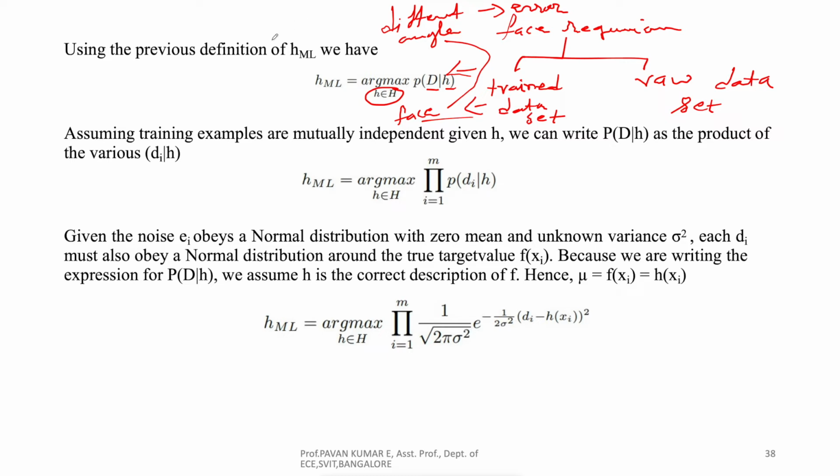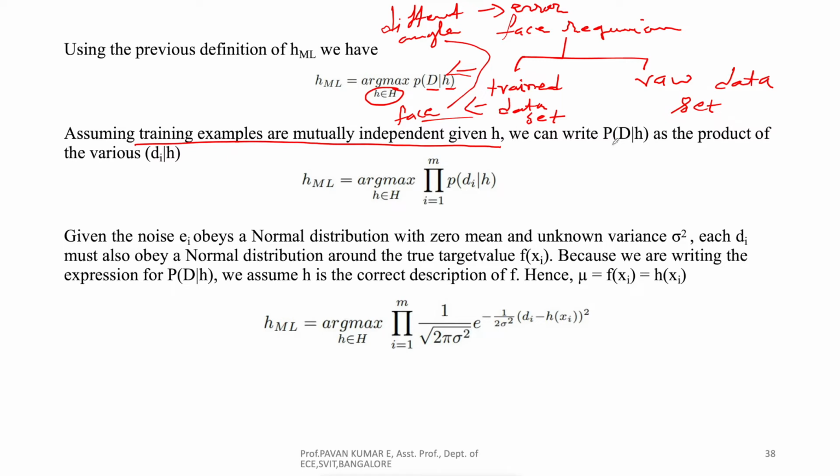That is assuming the training examples are mutually independent given H. Yes or no? With mask and without mask, it is independent, right? I cannot club it. That is the example I can give.